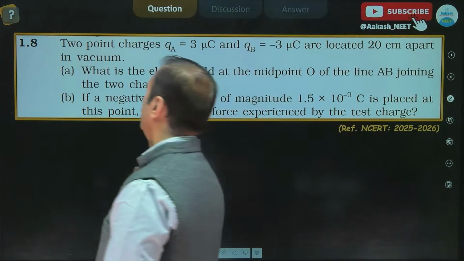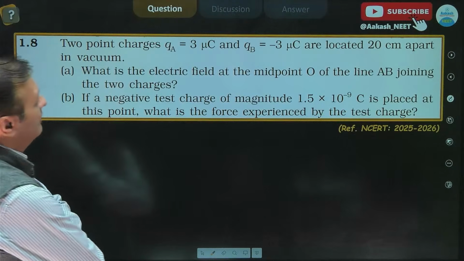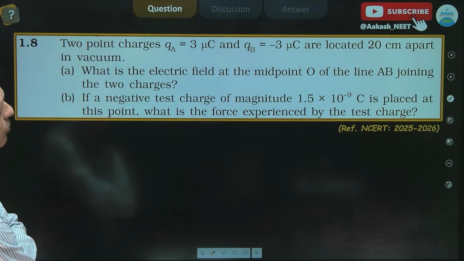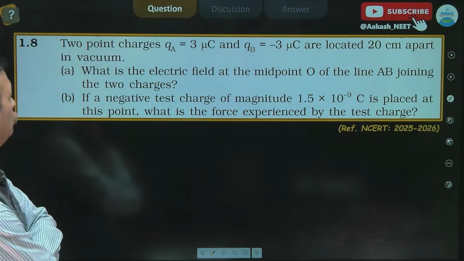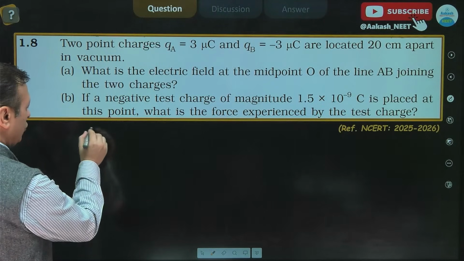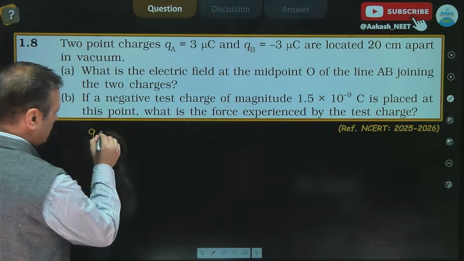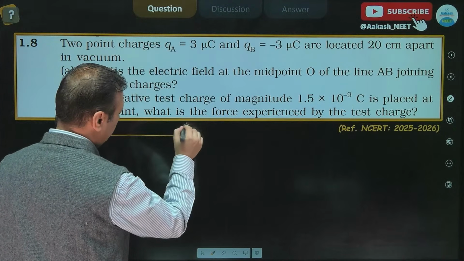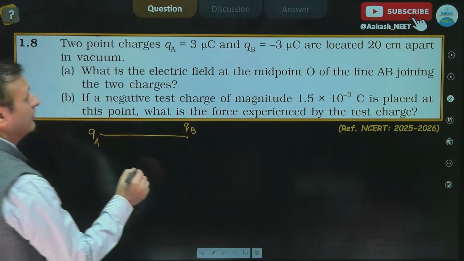It says two point charges QA and QB are located 20 centimeter apart in vacuum. What is the electric field at the midpoint O of the line joining the two charges? So we have QA and QB.